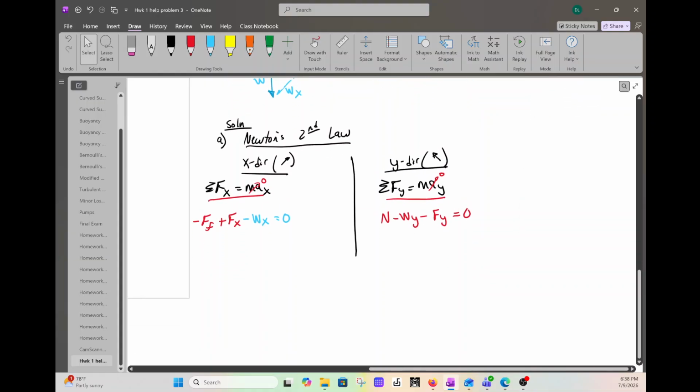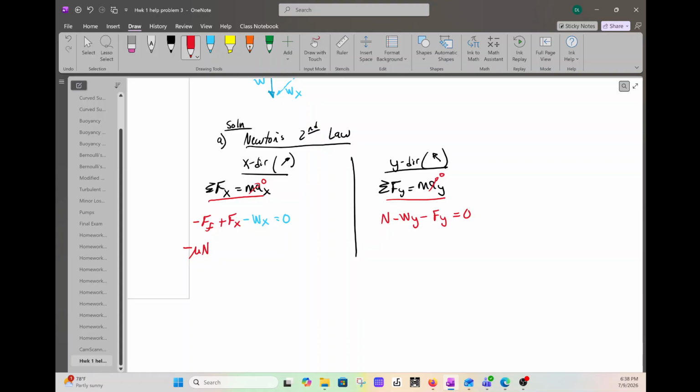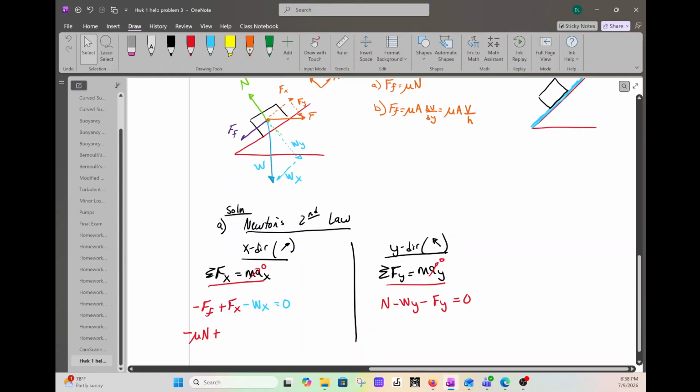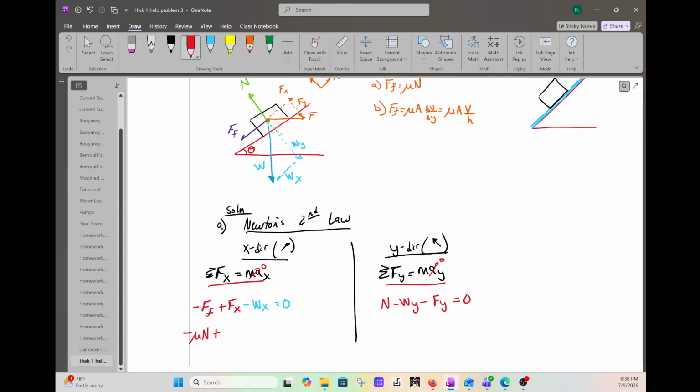What I would do next is write this minus, this is part A, this friction force is mu times the normal, plus F of X. So this right here is theta. So this is cosine, right?